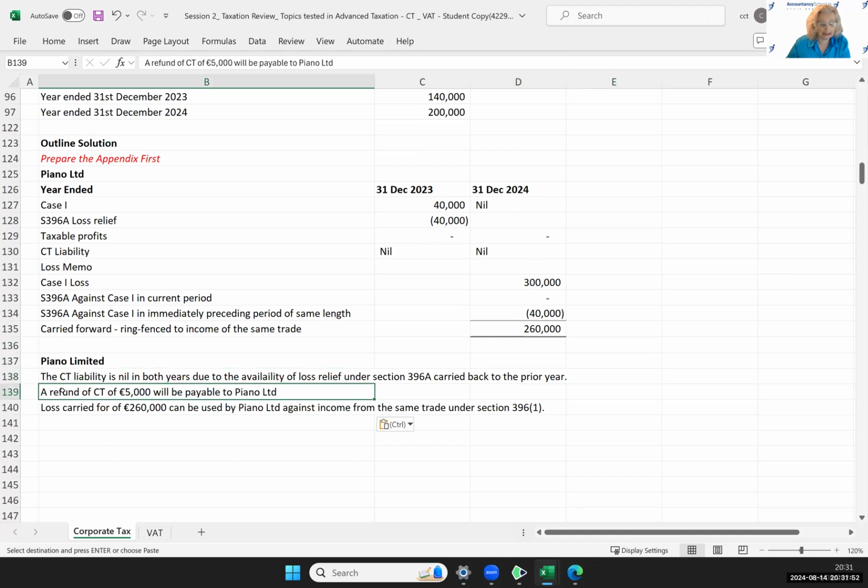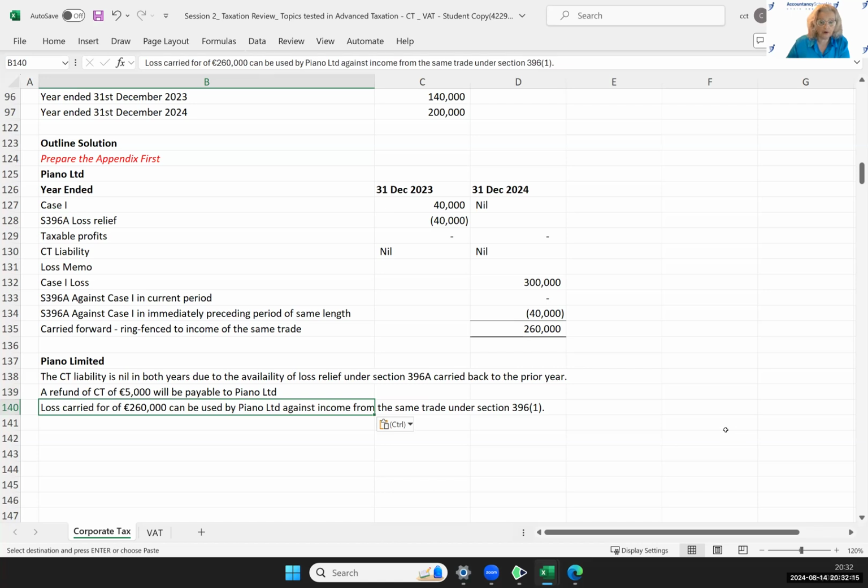The extra bit you see in here is that because this 40,000 has gone back to the 31st of December 2023, Piano Limited will already have paid tax on that 40,000 at 12.5%. So it will now get a refund of that tax. And then there's 260,000 carried forward.